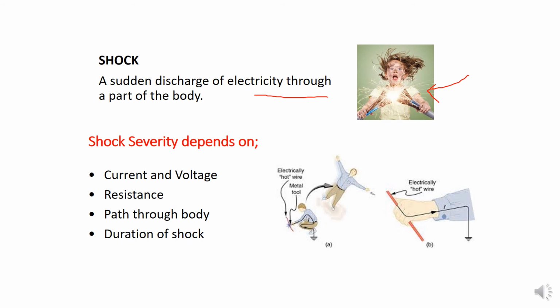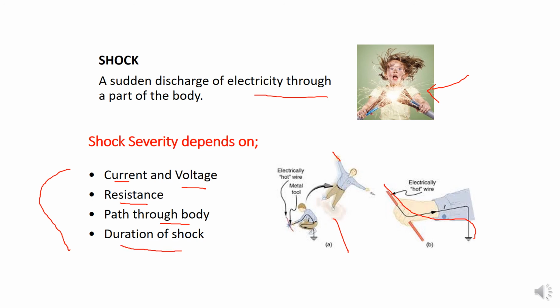And what about the severity of the shock? It depends on the voltage and current, and of course what kind of resistance and how much resistance there is, and the path through the body. For example, the current may go from hand to hand, or from the hand through the whole body to the ground. The resistance is different in each case, so the path through the body is also very important.